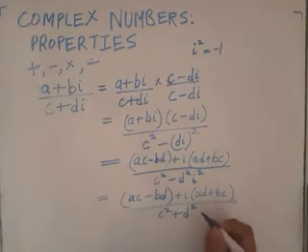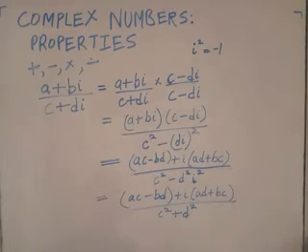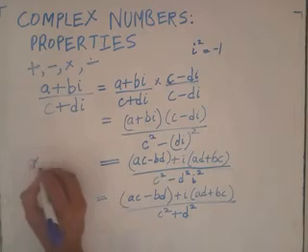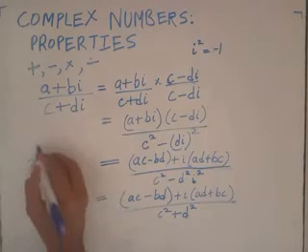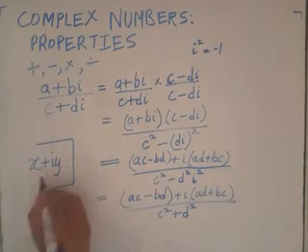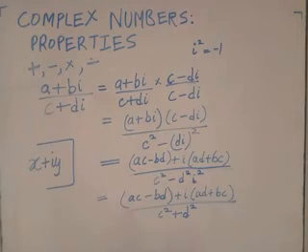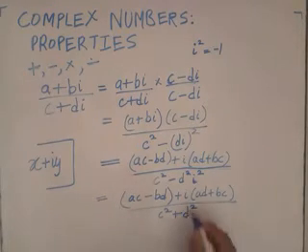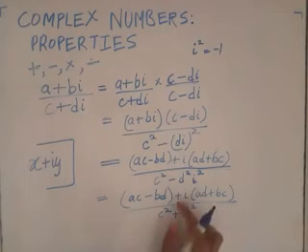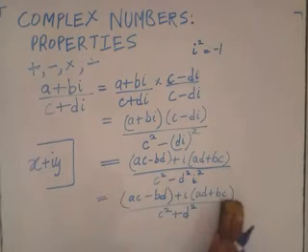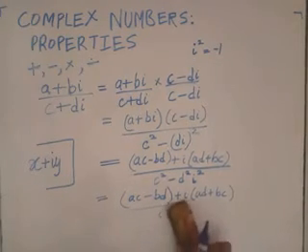And now finally, since it's more convenient to write complex numbers of the form x plus iy, we usually like to write these numbers in such standard form. So what I'm going to do is separate this denominator, since there's a plus sign in the middle, and I'm going to write it as follows.